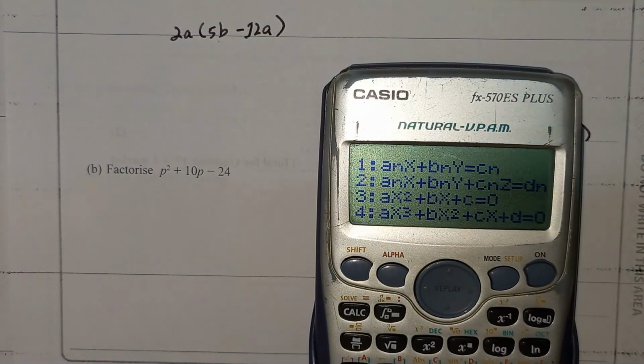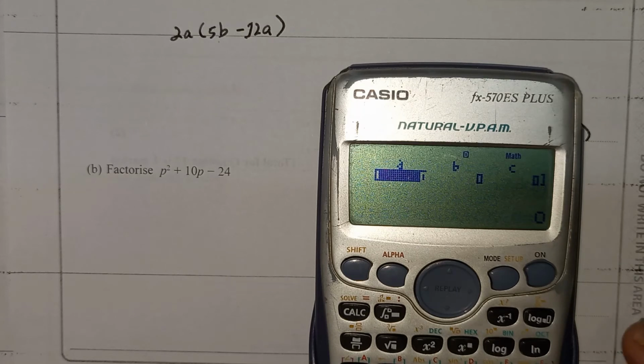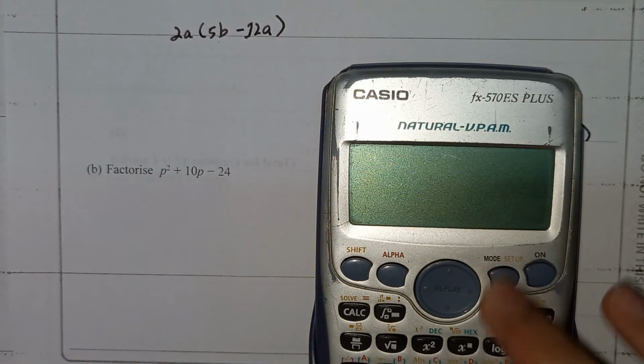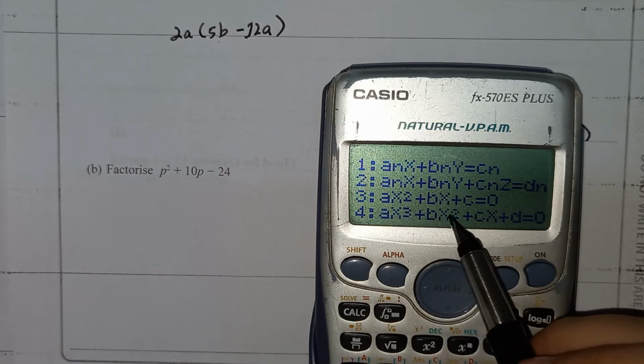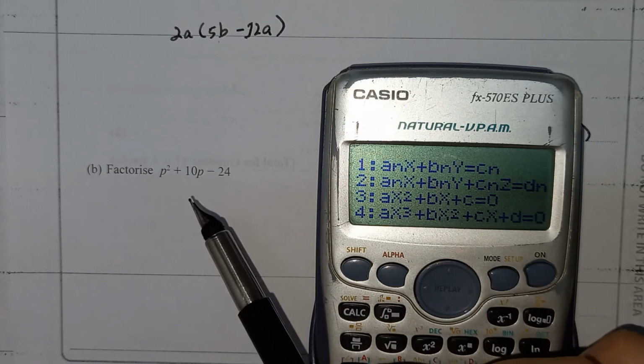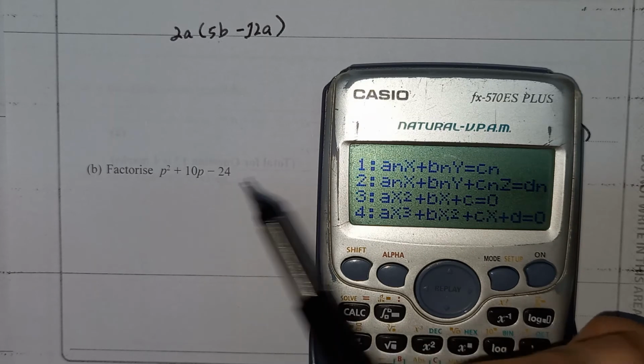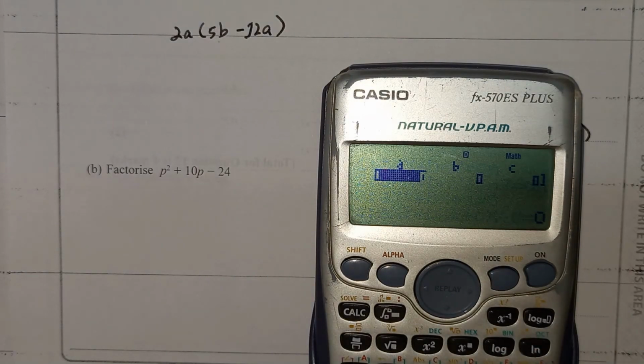Go to option 3, which gives you ax square plus bx plus c, and that matches our equation. So we'll click 3 and put in our values: p square means 1, plus 10 for p, and minus 24. It will give us an answer, equal to 0.